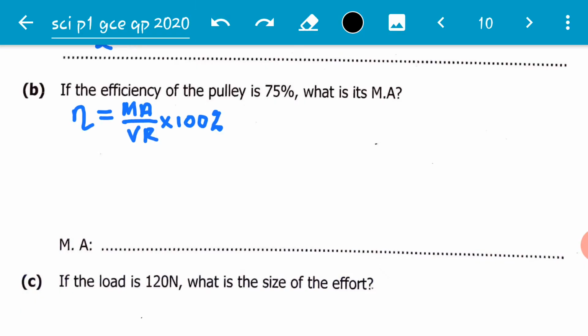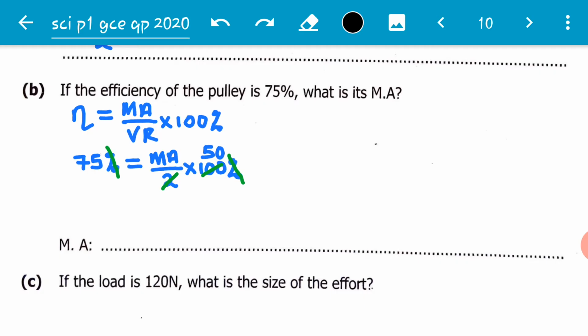So efficiency is equal to mechanical advantage over velocity ratio times 100%. If we substitute all this information, we know that the velocity ratio is 2 and the efficiency is 75%. So 75% is equal to mechanical advantage over 2, which is the velocity ratio, times 100%.